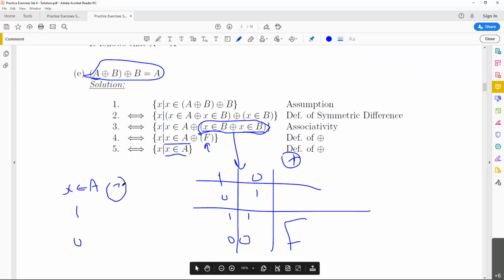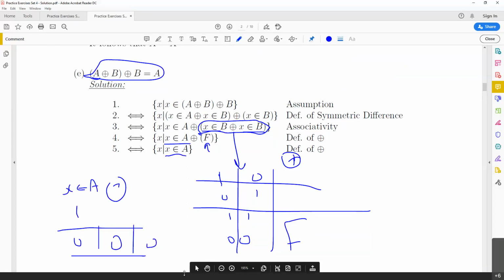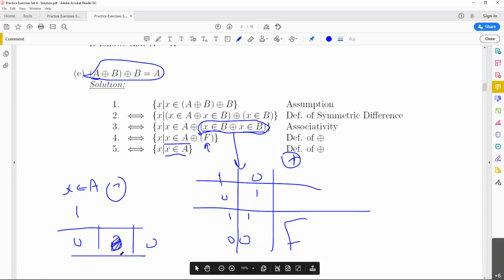When you're XORing it with false, you don't care about the other side because it's going to be false. Yeah, exactly. Or 1 with 0, that might be something that's true. So what's left is X is in A.